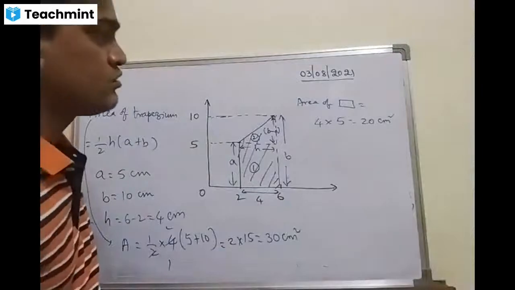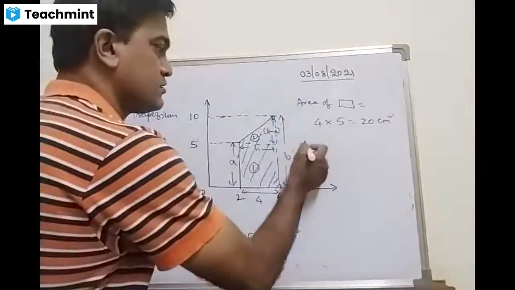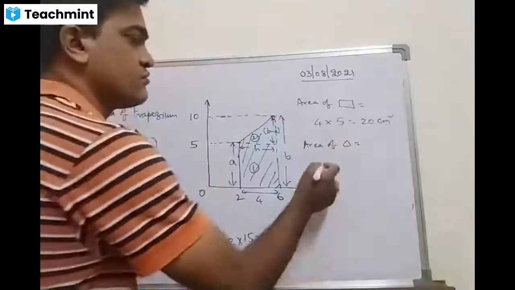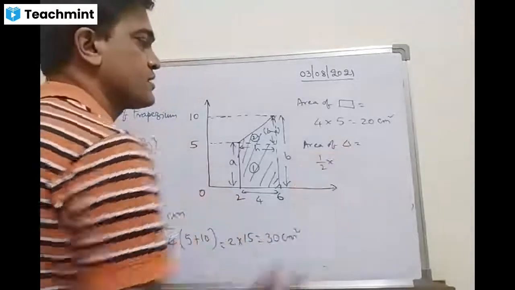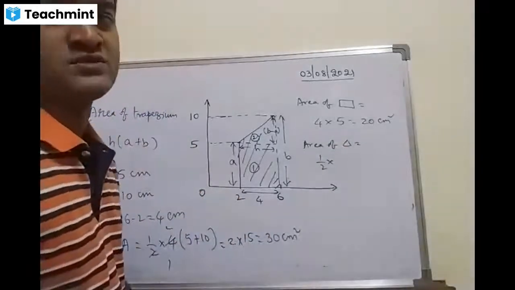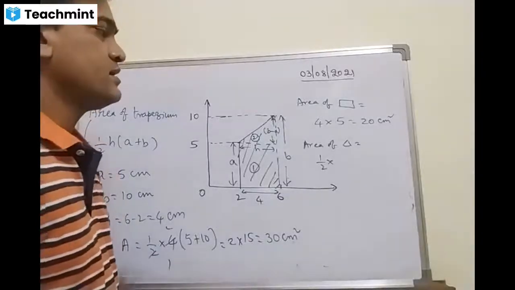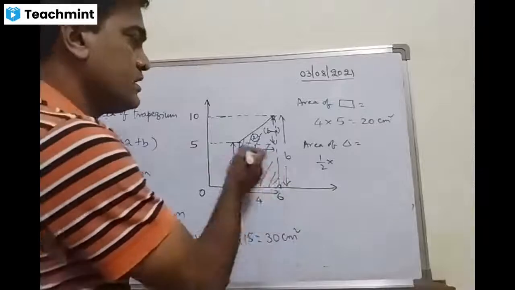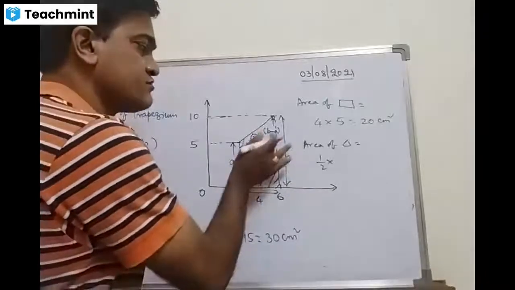Now what is the area of the triangle? The area of the triangle is half into base into height. If I consider this as the base, this becomes the height.